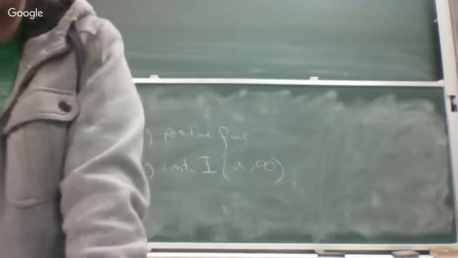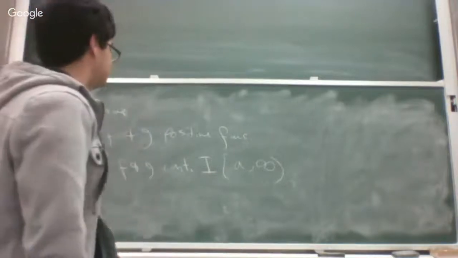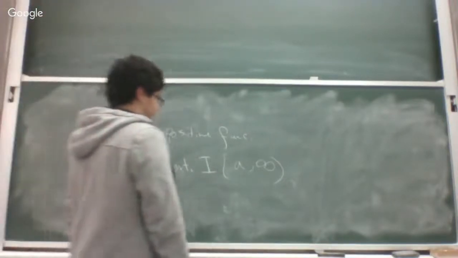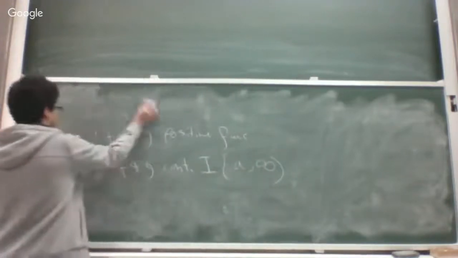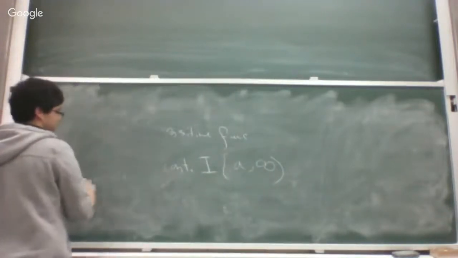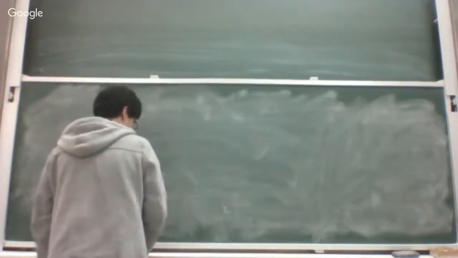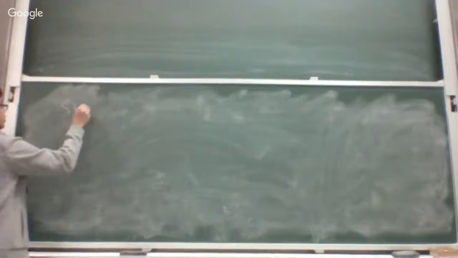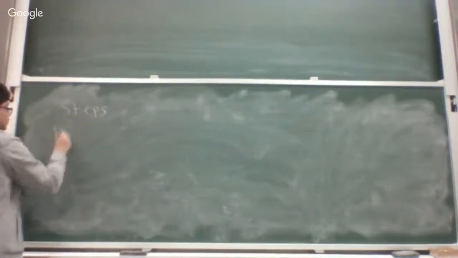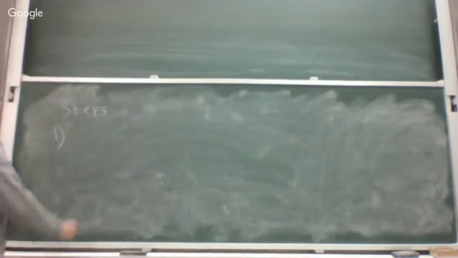So there are some steps. First step is you have to find g of x, which is similar to f of x.